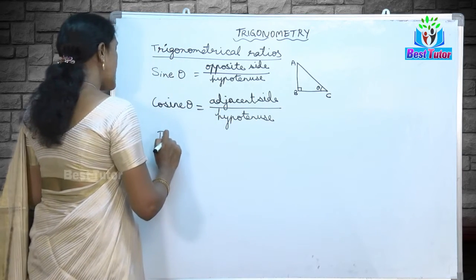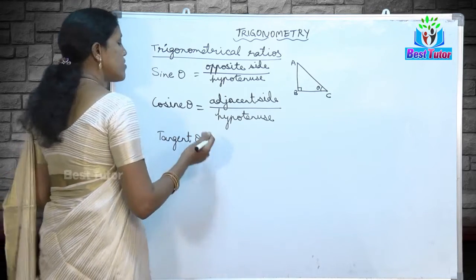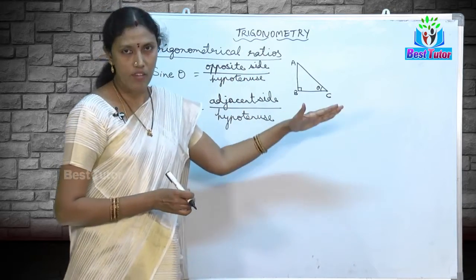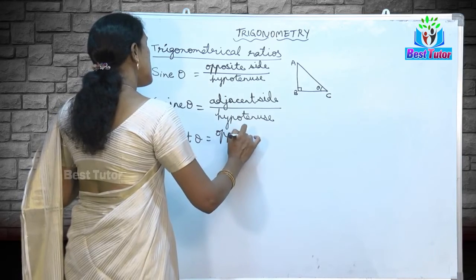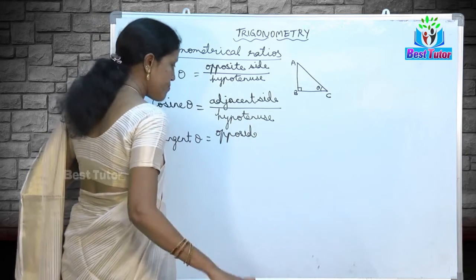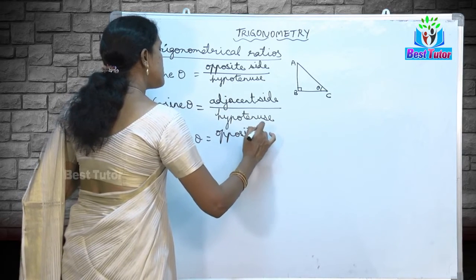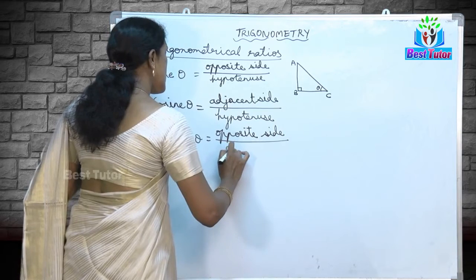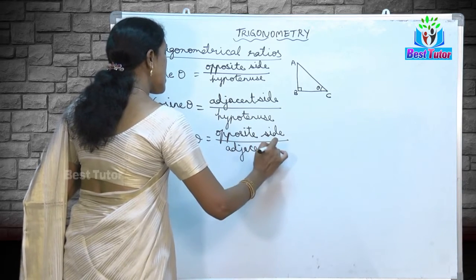Next is tangent of theta. Tangent is going to be opposite side by adjacent side, right? So we have taken 3 ratios till now.